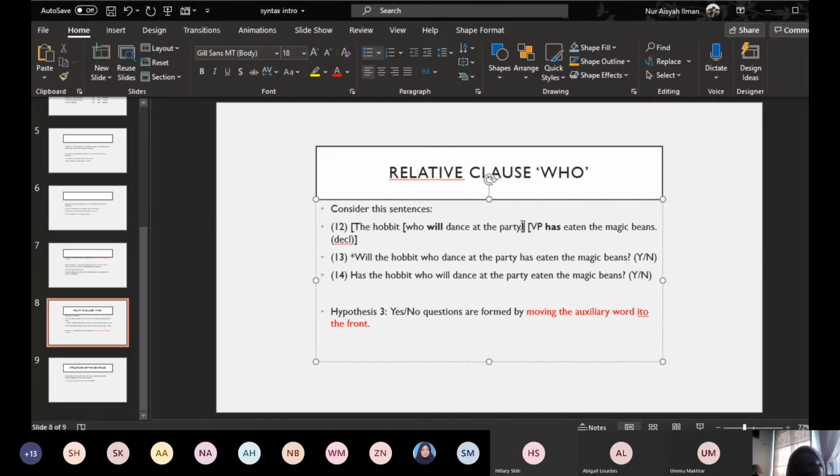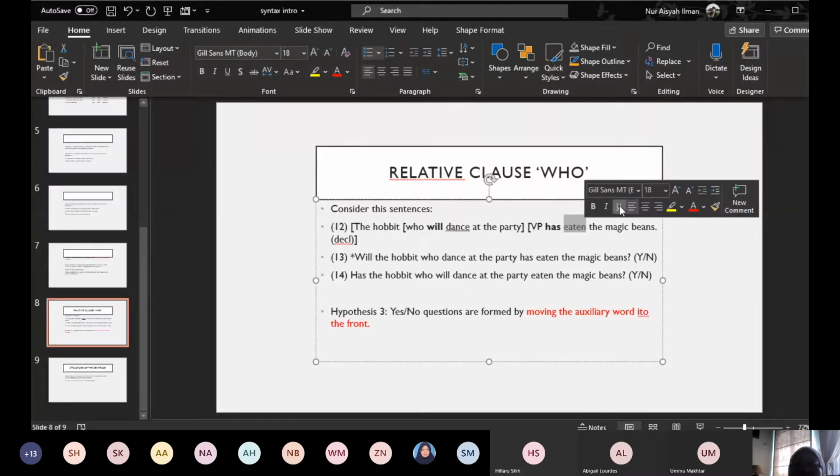Why do I say this is another sentence? Because we have a verb here. As I told you before, if you see a verb in a sentence, it cries out to you, hey, I'm a verb, I'm a verb. So when you have a verb, you definitely have a sentence. When you have two verbs in a sentence, you actually have two sentences. So in this sentence, there are two sentences.